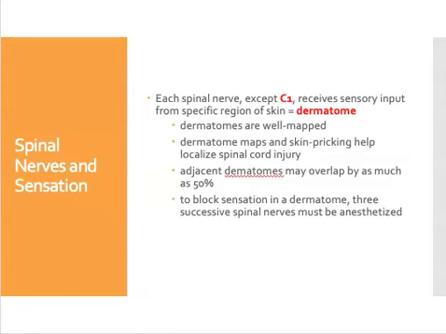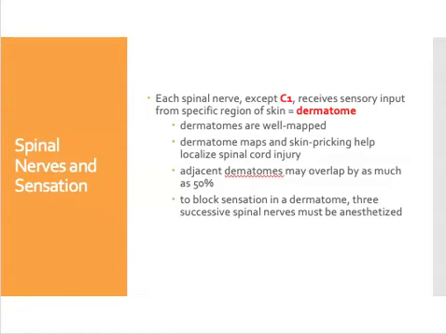Now, the region of the skin that provides sensation information to each individual spinal nerve is called a dermatome. A dermatome. And we have dermatomes for the human body mapped, very, very well mapped, by the way.